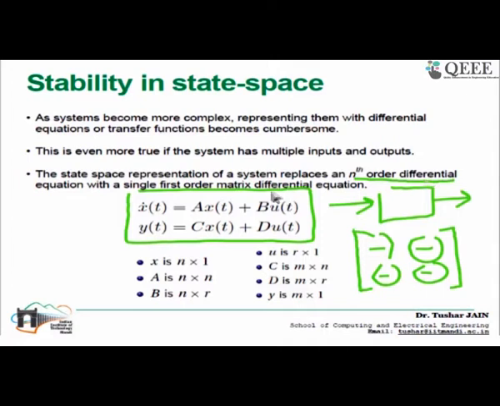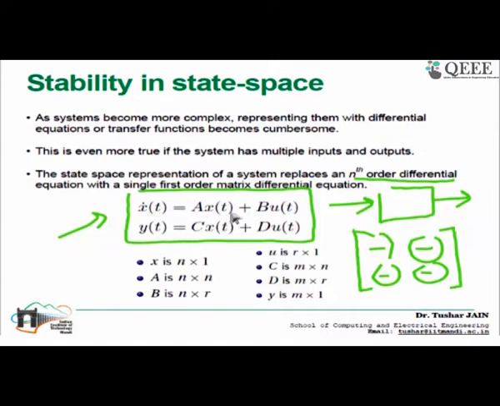But this representation gives us the flexibility to represent the nth order differential equation as a single first order matrix differential equation. And this is only one representation, do not bind to it only. There are a number of ways to represent the state variable representation. So this is how it is represented.